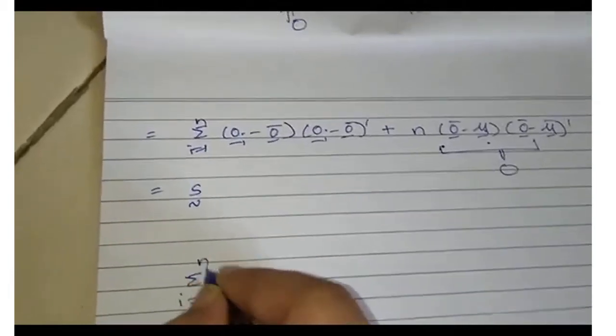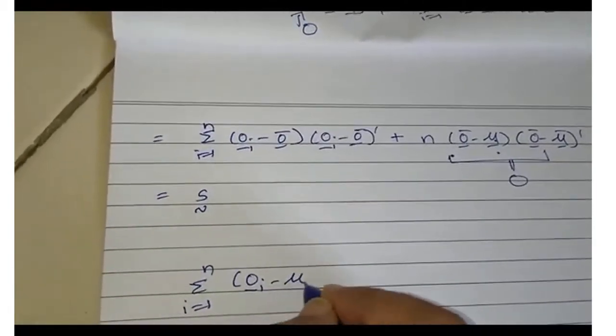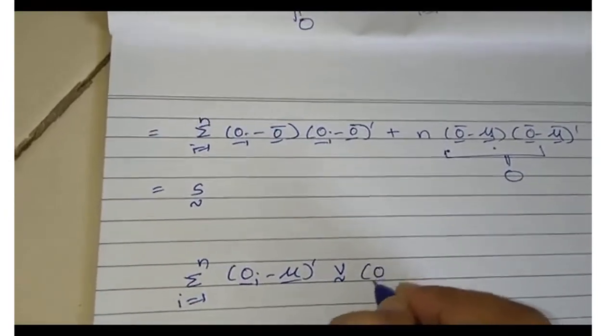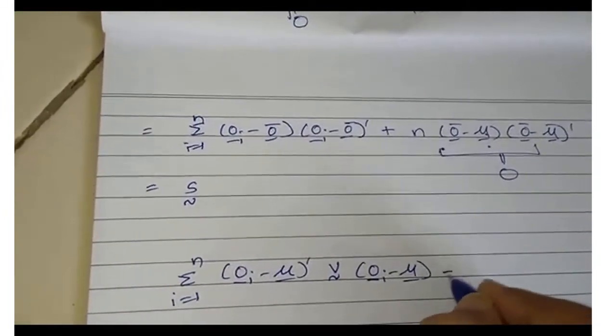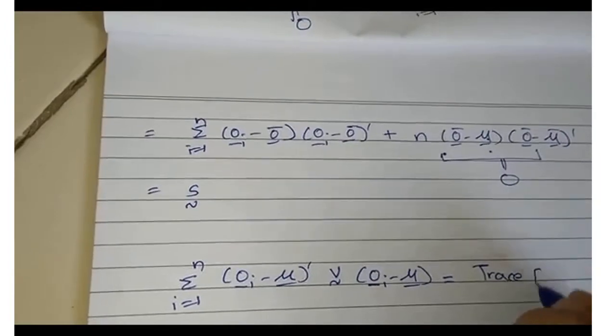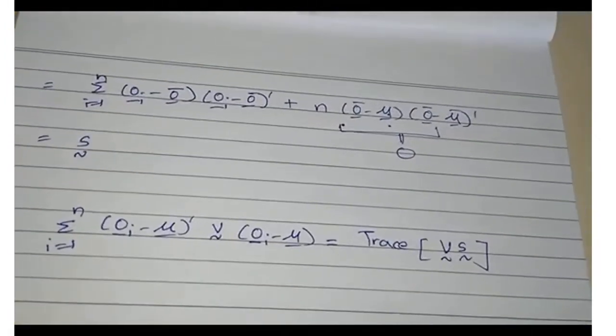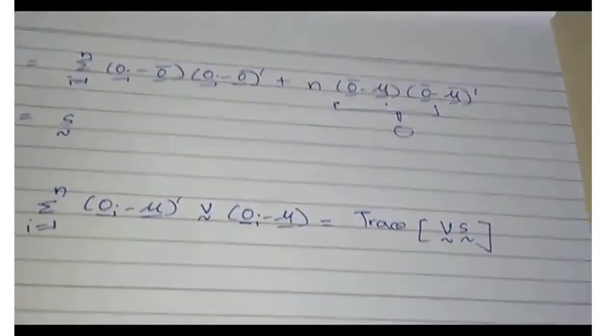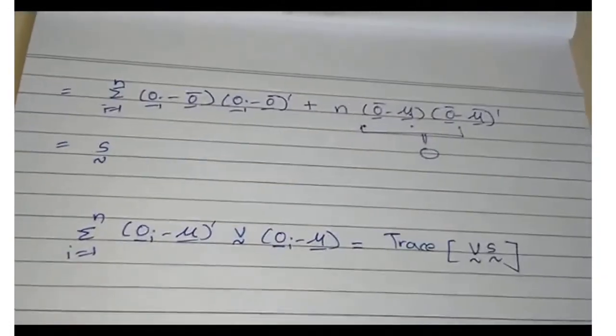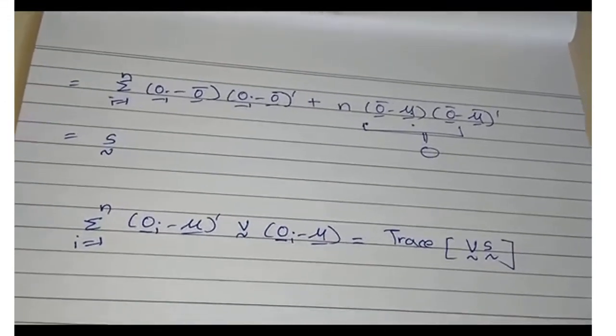So this term will also become 0 and hence I am left with just S. This is nothing but S. So I would write summation i going from 1 to n, (y minus mu) prime V (y minus mu) as trace of VS.